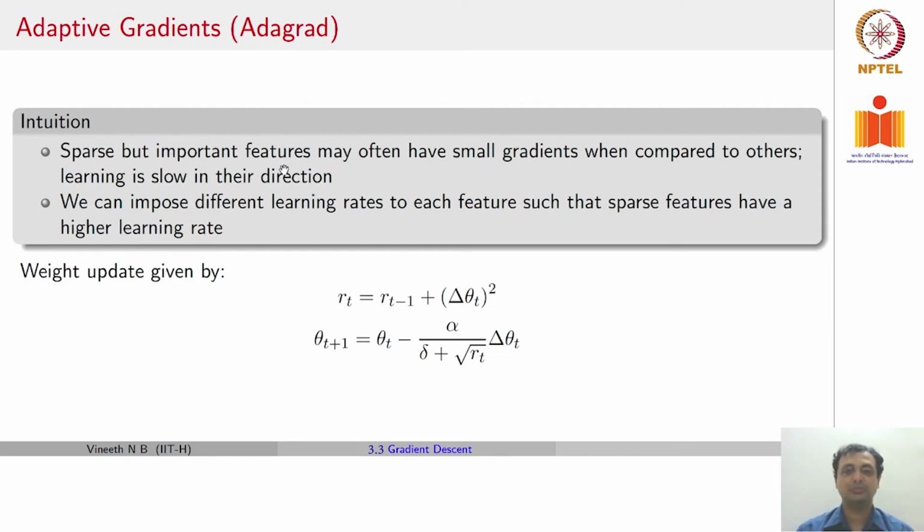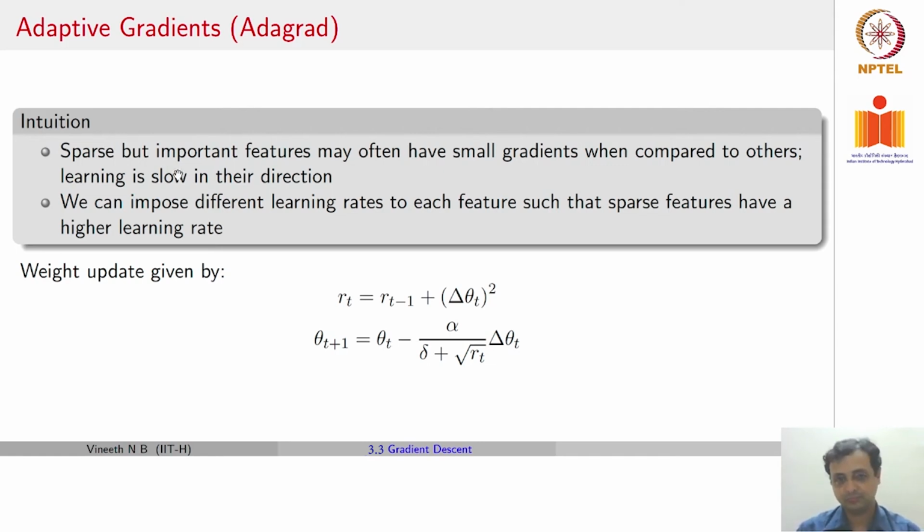So you have your entire space of weights, and a subset of weights which change only once in a while. Let's assume that there are certain weights that do not change with every mini batch in mini batch SGD, but change only once in a while. They may change by a small amount, but that amount is important because they only change once in a while. Sparse features could be important, and learning could be slow in this direction because the gradients could be small in that direction.